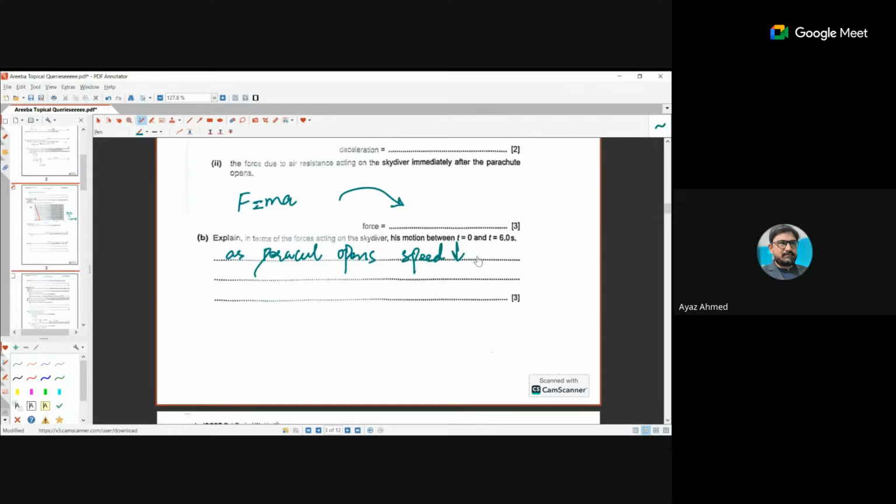That is why the resistive force or drag force decreases, and once drag force decreases, the resultant force F resultant decreases. Once F resultant decreases, then acceleration decreases, and finally the velocity becomes constant. If you see, the velocity is constant over there.